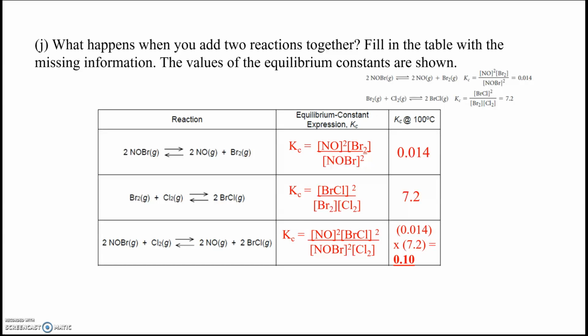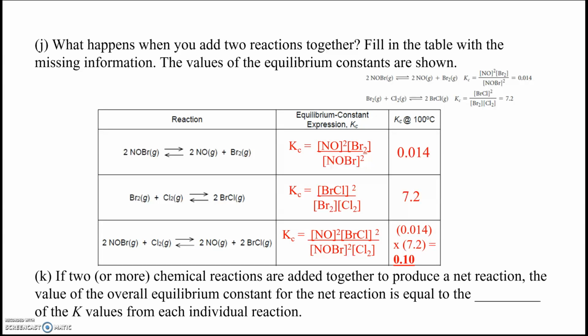So when I multiply 0.014 times 7.2, I get a value that's approximately equal to 0.10. So if two or more chemical reactions are added together to produce a net reaction, the value of the overall equilibrium constant for the net reaction is equal to the product of the K values from each individual reaction.